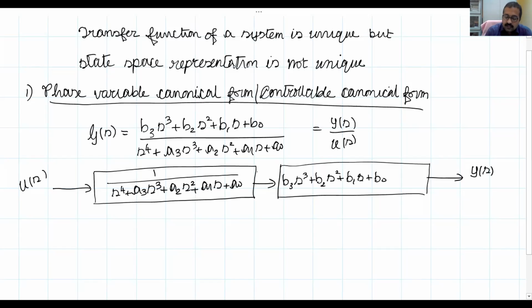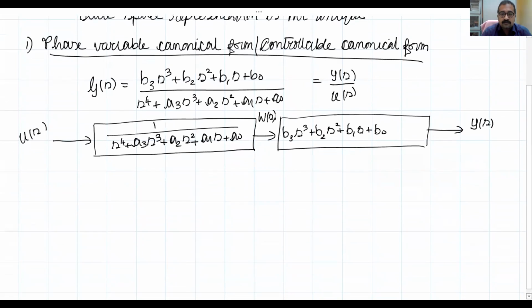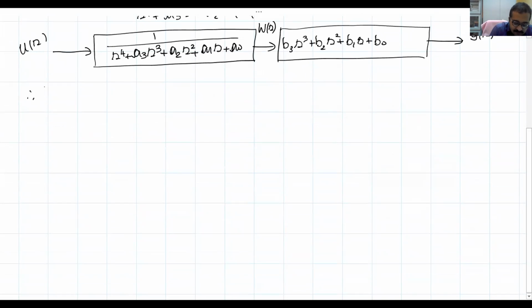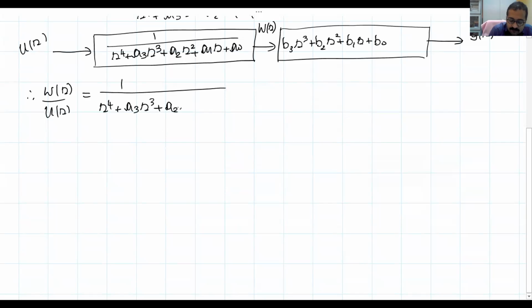In between there is an intermediate variable, which I call W of s. So as the next step, I can write W of s divided by U of s equals 1 divided by s raised to 4 plus a3 s cube plus a2 s square plus a1 s plus a0.